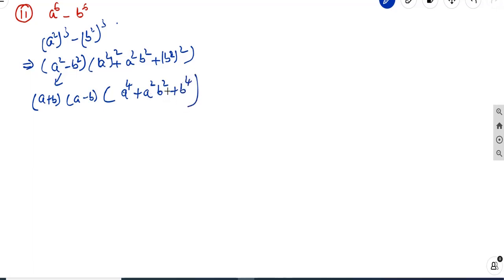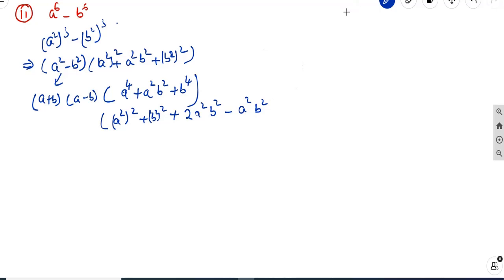Okay, so anything we can do here? One I can rewrite as a square to the power of square, plus b square to the power of square, plus I can write 2a square b square minus a square b square.